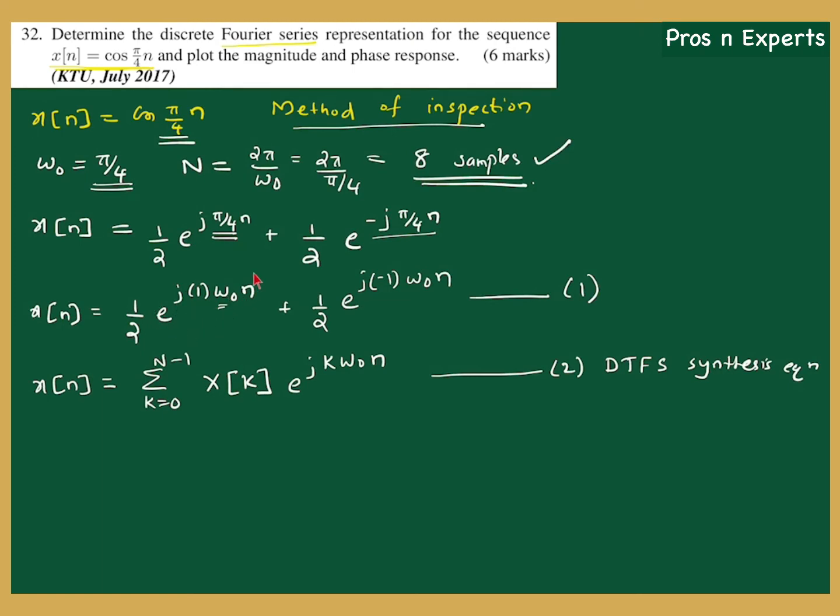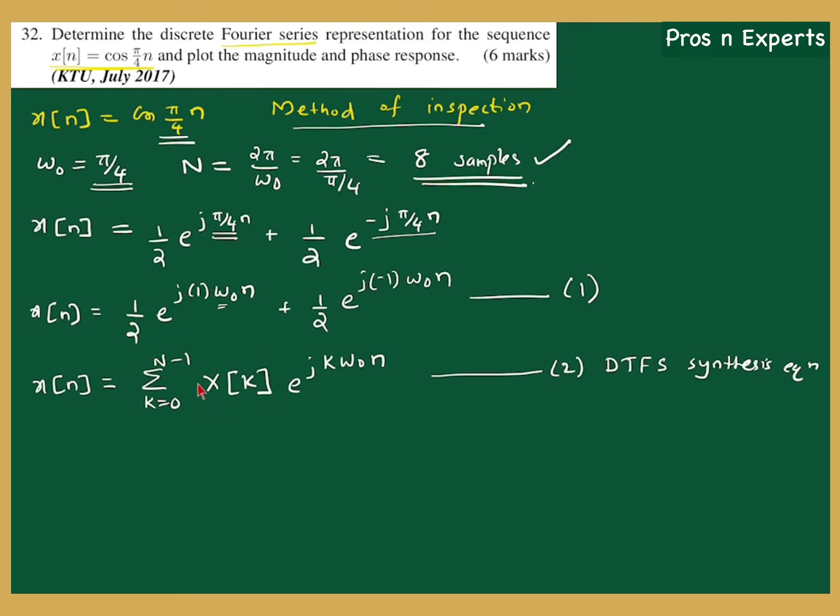The signal part is this, because it has an n here. The variable is n here, so half is a constant, and e raised to j omega 0 n is the signal. Now look at equation number 2. Here you have the signal, and the constant that multiplies the signal is nothing but the DTFS coefficient, and that is what we need to get.